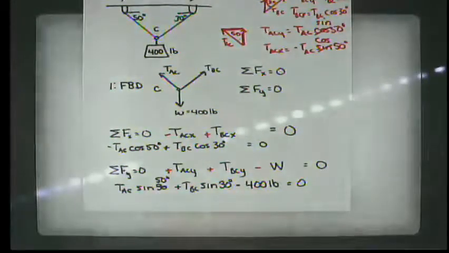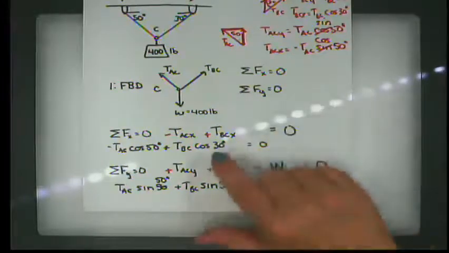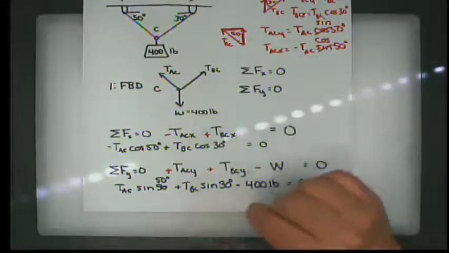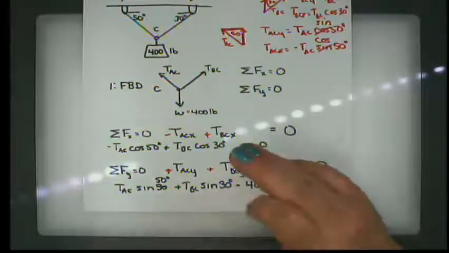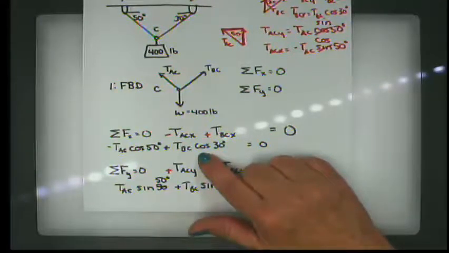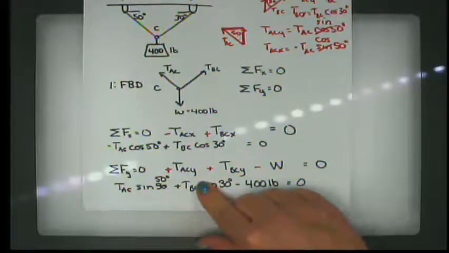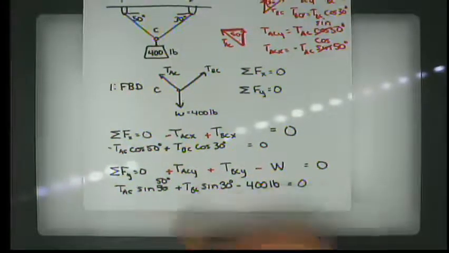All right, now I have two equations and two unknowns. I can solve these simultaneously using any technique, but the easiest to me looks that I could solve this equation for either the tension in AC or the tension in BC in terms of the other one, and then substitute it into this equation. How does that sound?